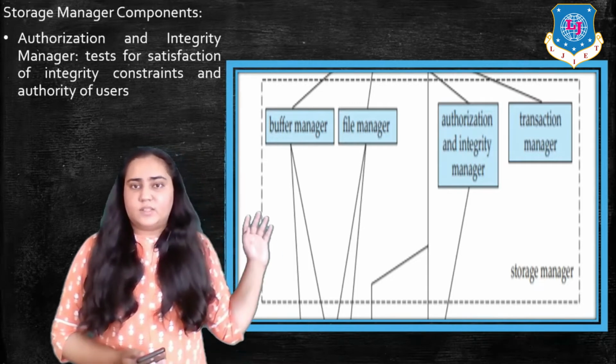The first one is the authorization and integrity manager. It tests for satisfaction of integrity constraints and authority of users. What are integrity constraints? Integrity constraints are constraints that are set by the person who made the database in order to ensure the correctness of the database.